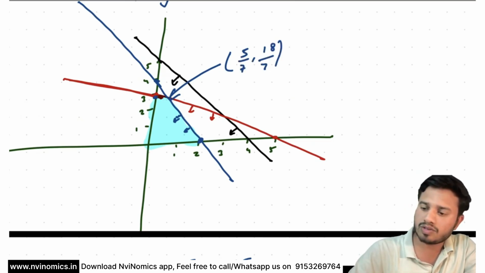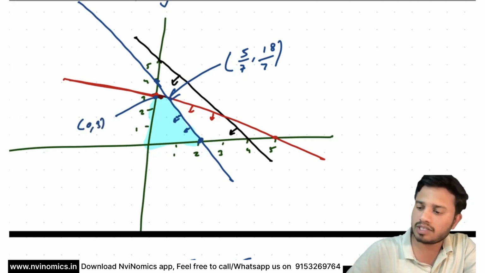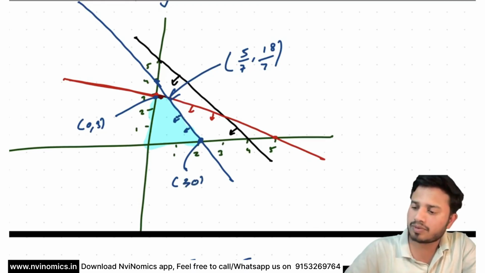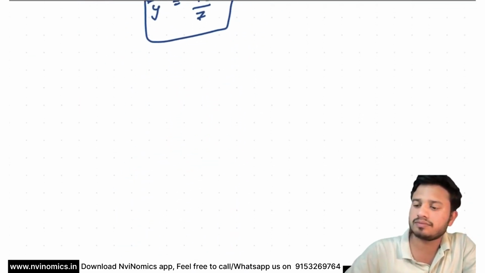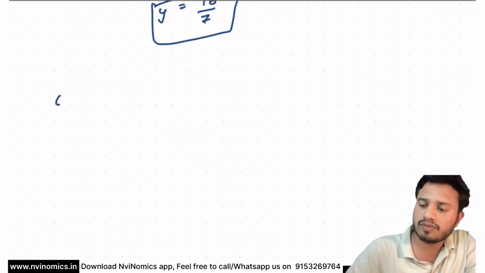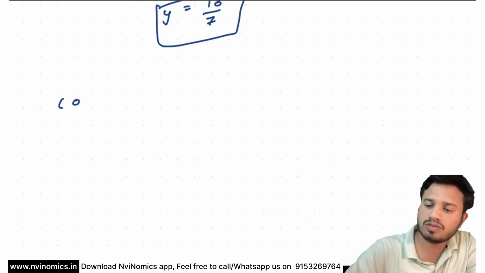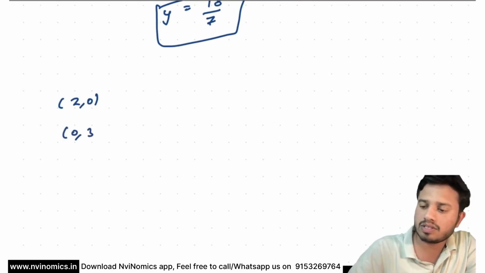All the boundary points you have to check. This point is (0, 3), and this point is (2, 0). Now we have 3 points: (2, 0), (0, 3), and (5 by 7, 18 by 7).